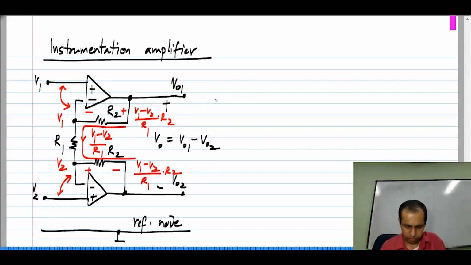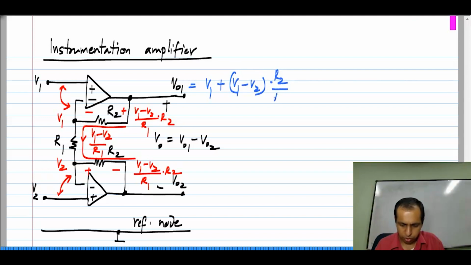Now, if you look at each of these voltages, VO1 will be V1 plus the voltage drop across R2. So, VO1 is V1 plus the voltage drop across R2, which is (V1 minus V2) times R2 by R1.